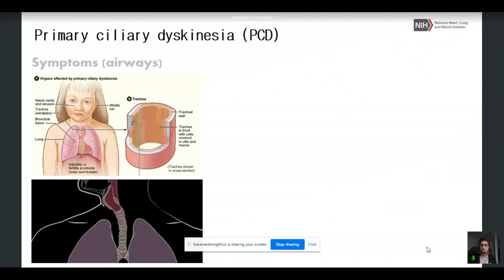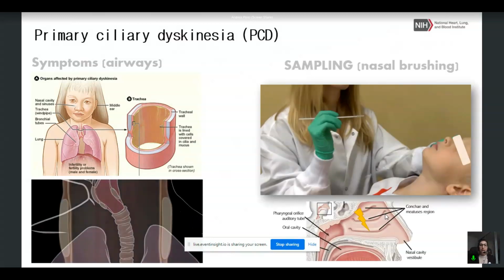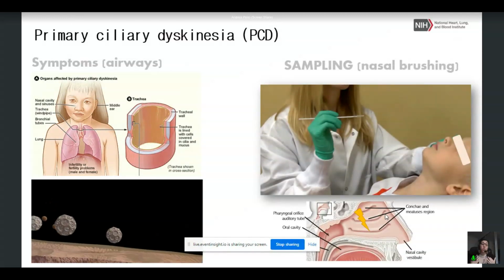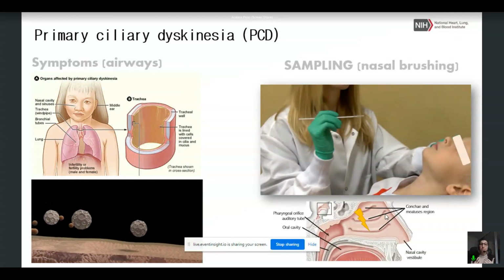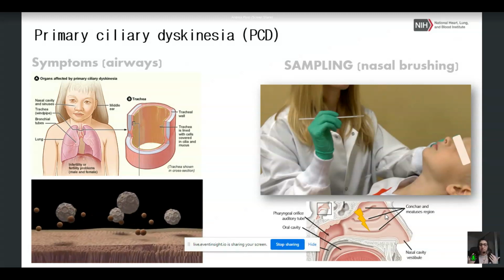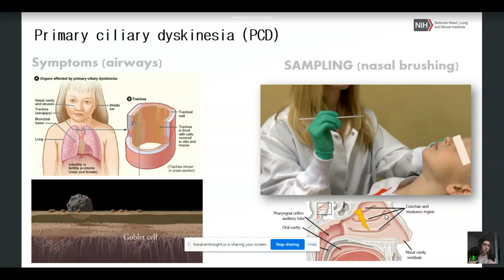So I'll start now by telling you a little bit more about primary ciliary dyskinesia. This is a rare disease, a genetic disease and a multisystemic disease. It affects mainly the airway because cilia are present in all our body, but the place where it gives more symptoms is the airway, because cilia need to clear the airway of mucus and debris. This mucus serves to trap debris and bring it up or down our throat.